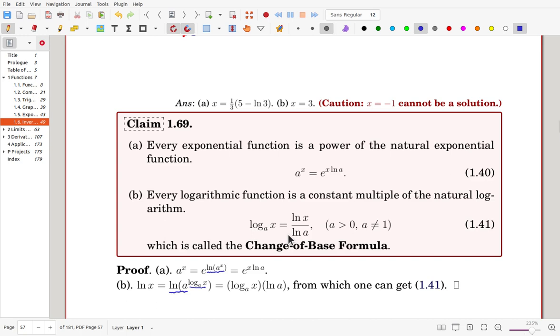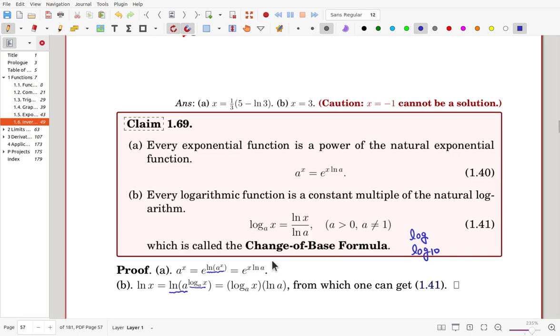This one is called the change of base formula. If you are using a computer or calculator, the functions available are, for instance, log for the natural logarithm and log 10 for the common logarithm, and no other base logarithm can be computed.